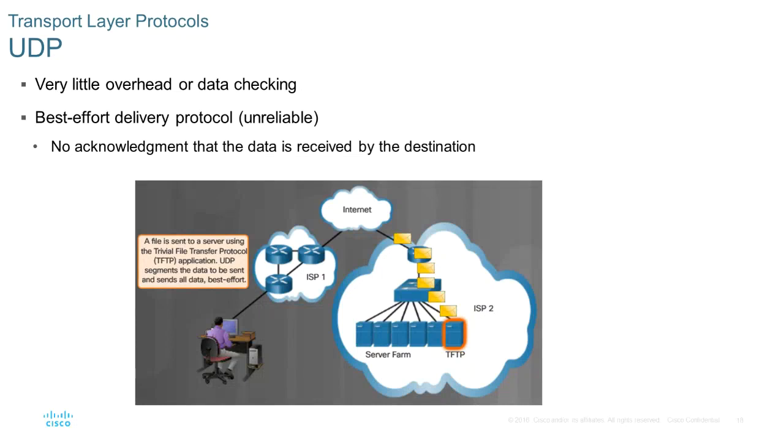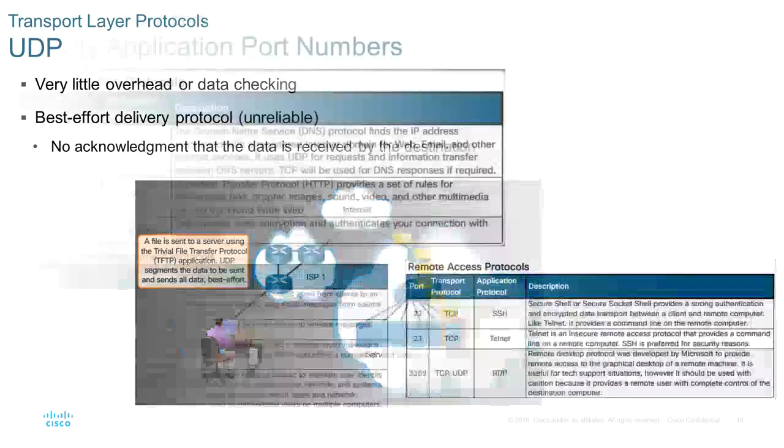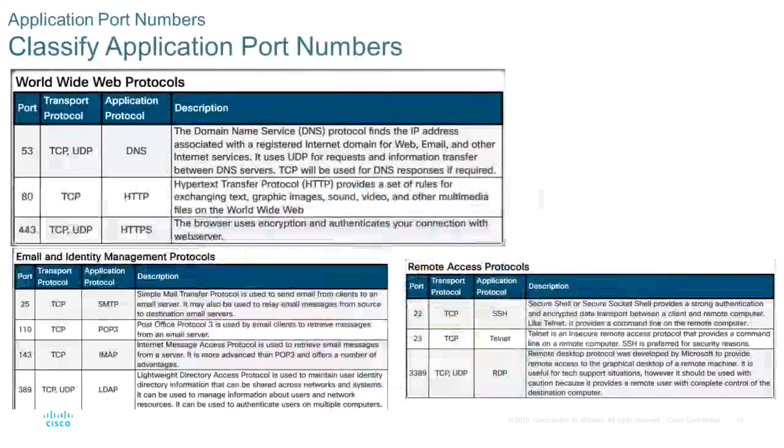But with a voice conversation, if you hold the conversation until you get all the pieces, people aren't going to like that. So UDP is the preferred protocol for that live interaction type traffic.